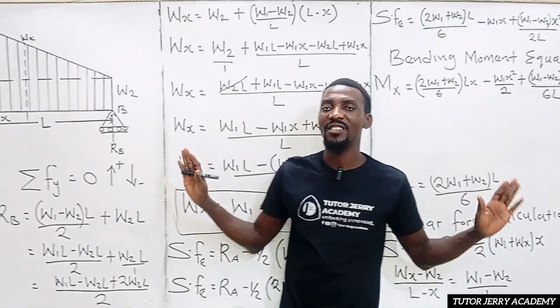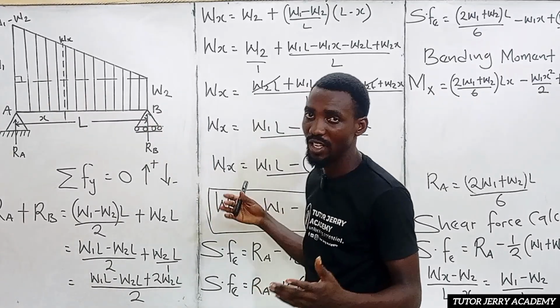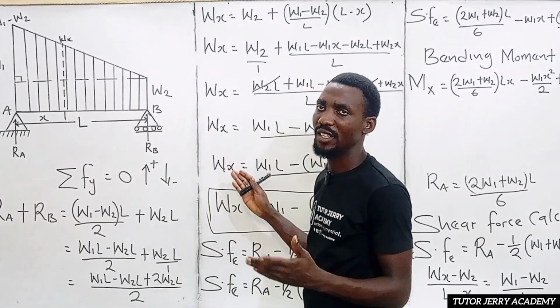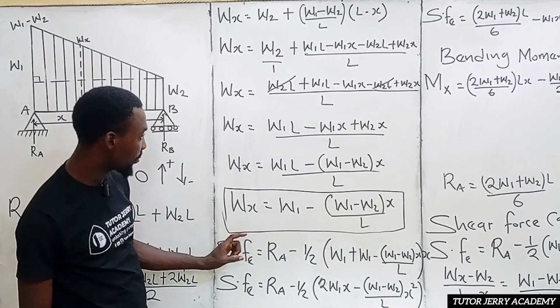We are not drawing the shear force diagram and the bending moment diagram, because we don't have values here, but we can still sketch it. We are just going to use this shear force equation.